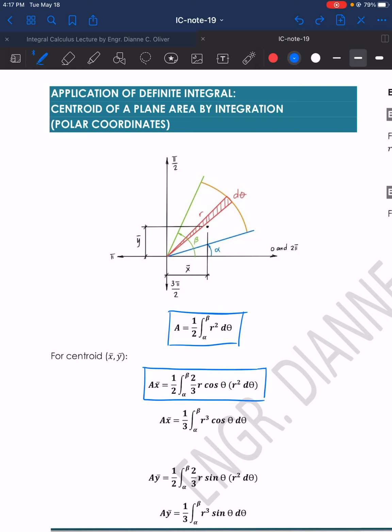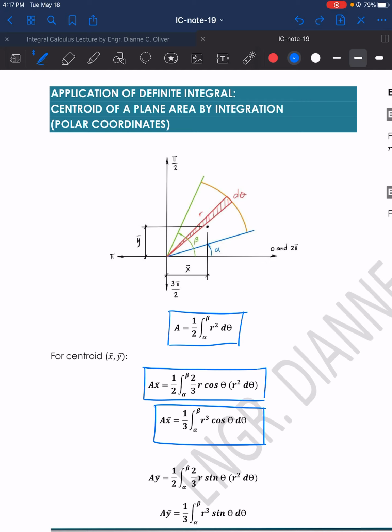Then the limits are alpha to beta. Now to simplify, we will have A x bar, that is 1/3 integral of r raised to 3 cosine theta d theta. Then the limits are from alpha to beta.